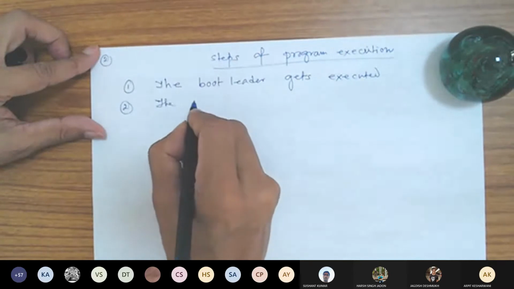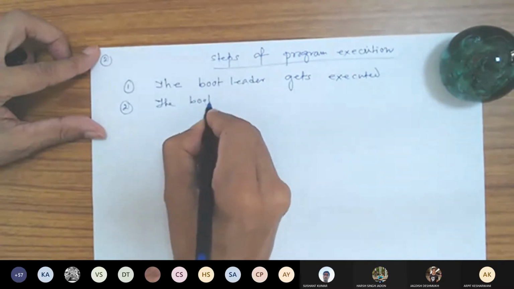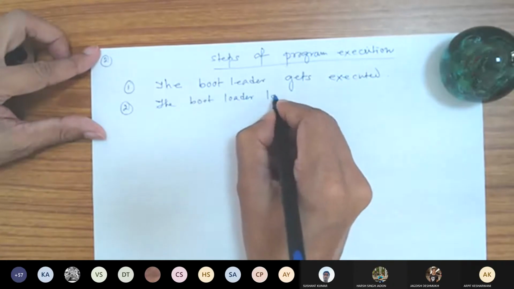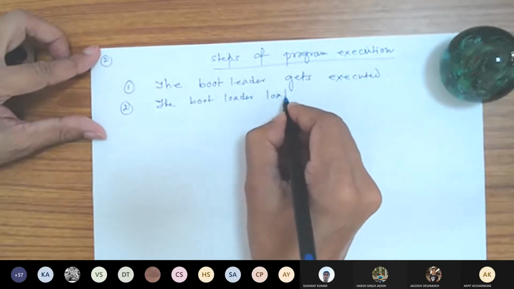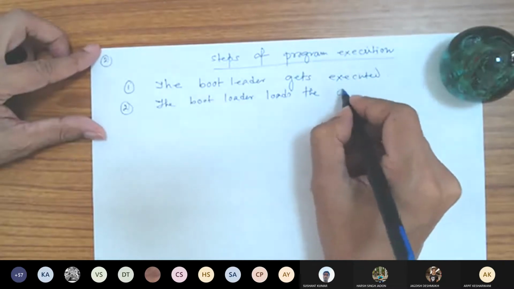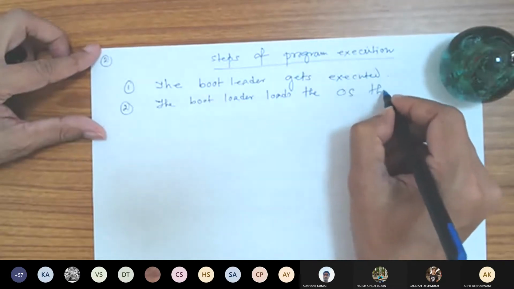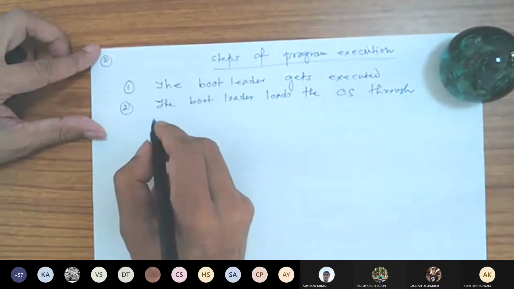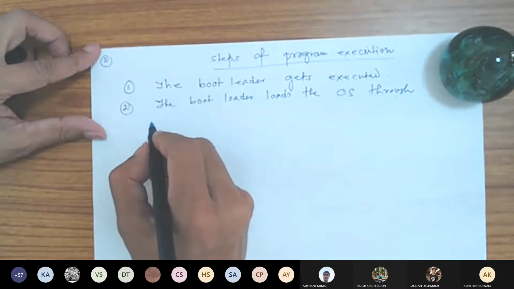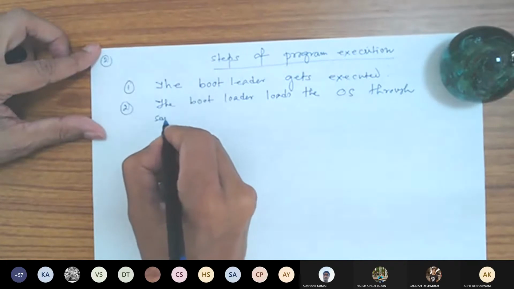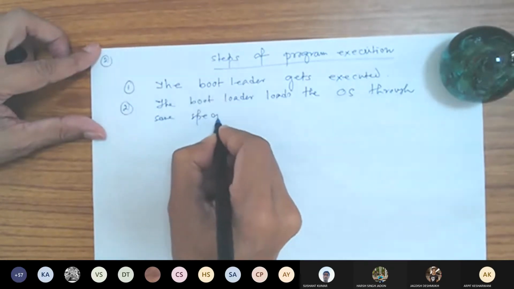The loader loads the operating system through some special functions.